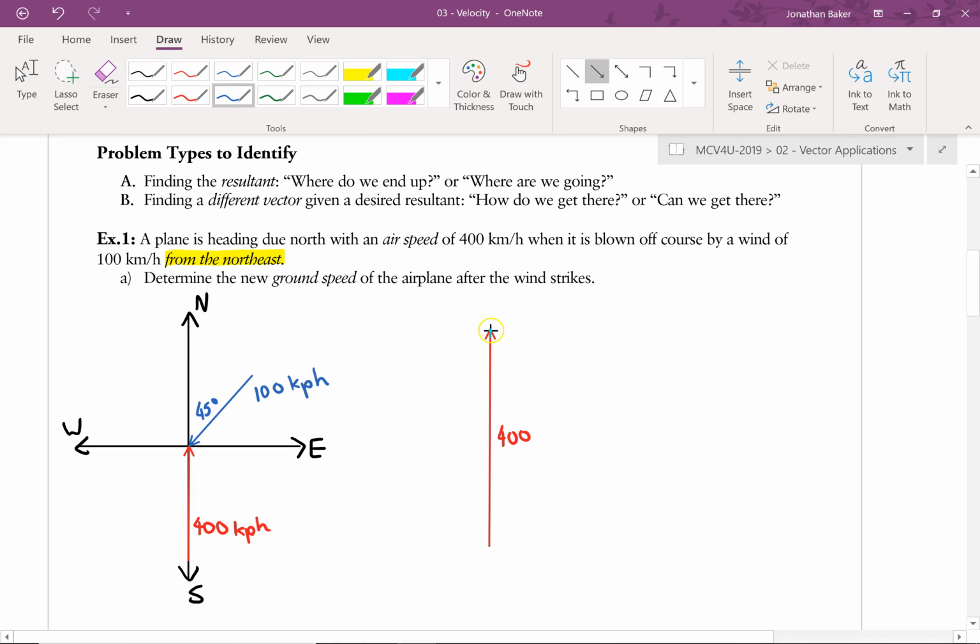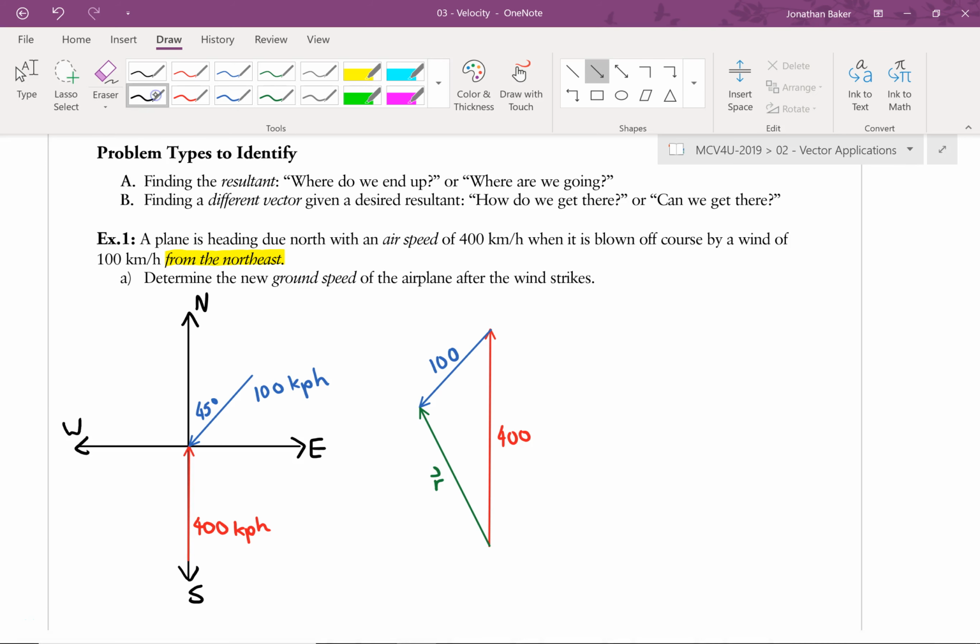So let's draw our wind from the head of our airspeed of 400 kilometers an hour. And this is 100. Okay, and this means that our resultant is going to be from the tail of our airspeed to the head of the wind speed. And so this here is going to be R.